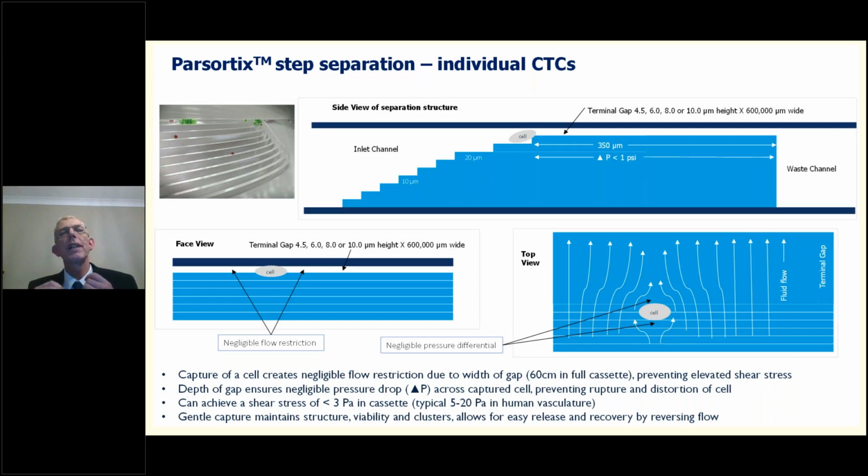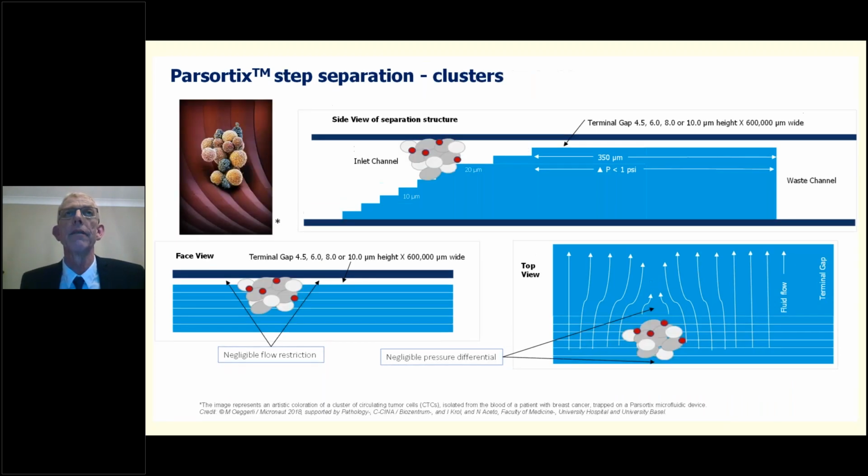So it's very important that we consider not just the one dimension of separation, but also the fact that this is occurring over a large number of channels, over a large volume, and over a large space of up to 600,000 micrometers wide. So it gives us this opportunity to maintain the structure of our cluster or our circulating tumor cell.